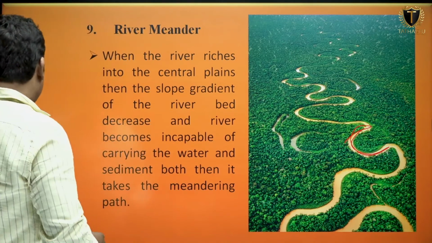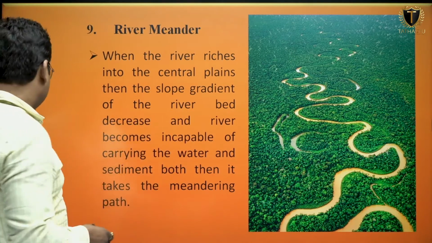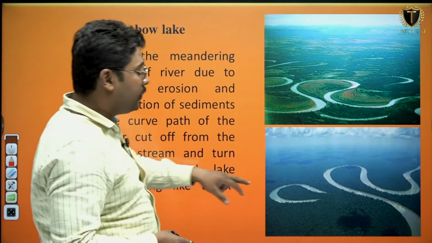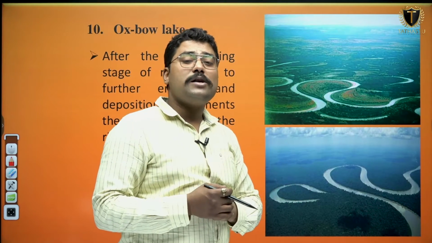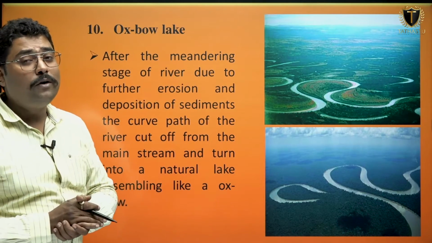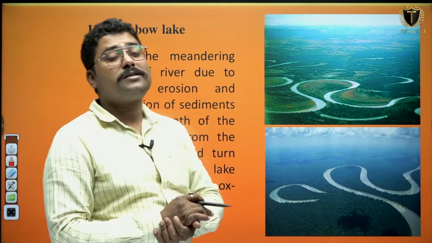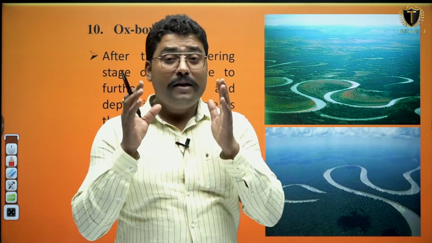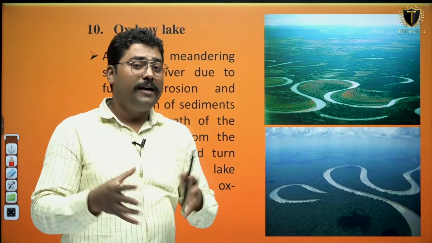So when this part gets cut off, it will form the next feature, which will be considered an oxbow lake. And about the lake, what we know is that a natural depression with still water body is considered a lake.